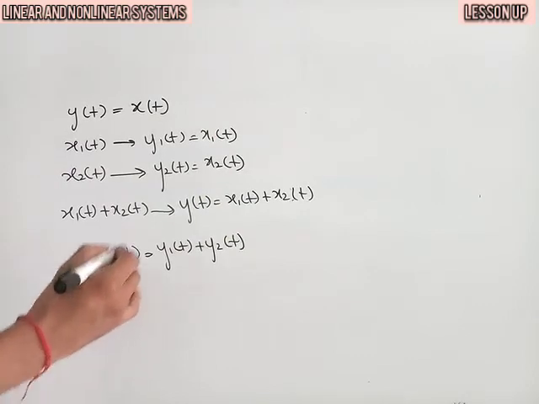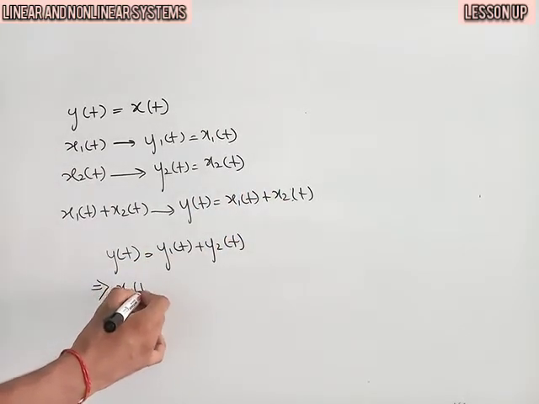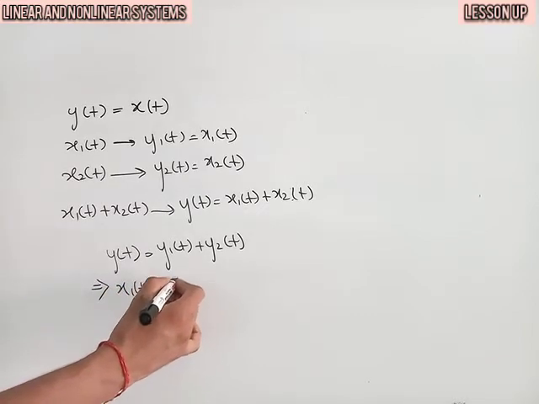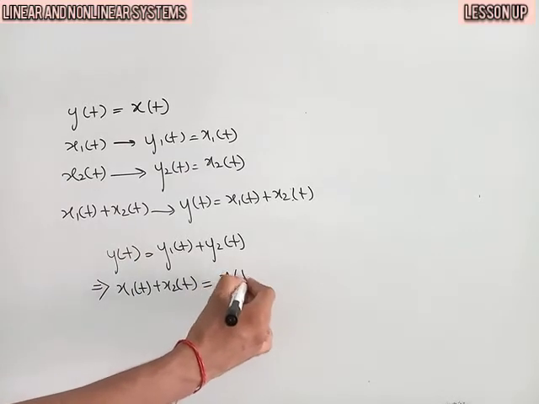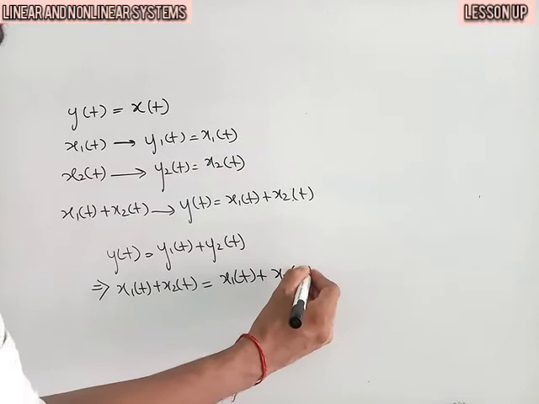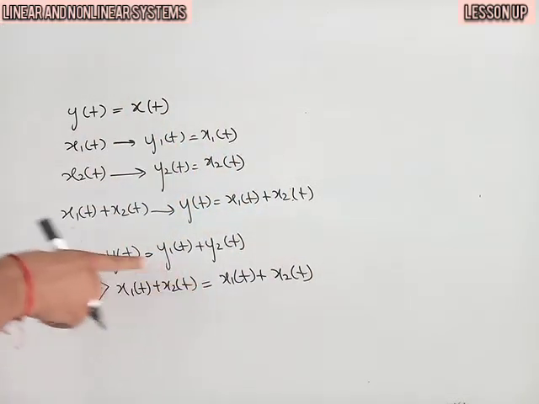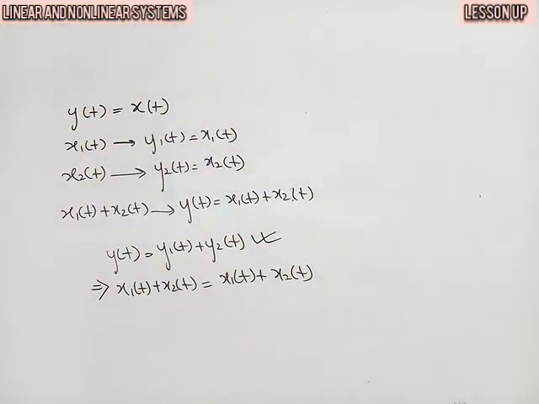Here y of t is x1 of t plus x2 of t, and y1 of t is x1 of t, y2 of t is x2 of t. So, we can tell that these two are equal. So, this satisfies superposition. Okay. So, this is linear.